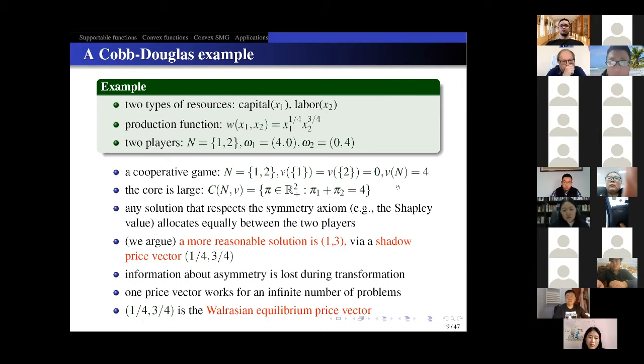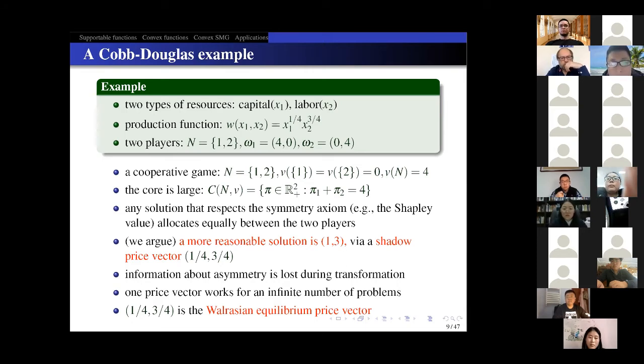So any solution concept that respects the symmetry axiom, including the Shapley value, will suggest that the reasonable solution is a symmetric one. So why do I suggest an asymmetric one?